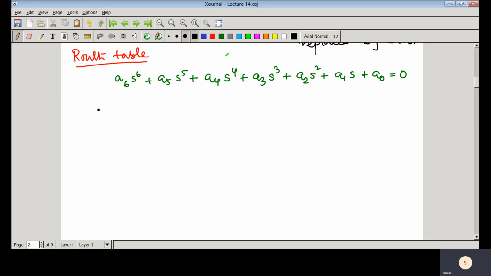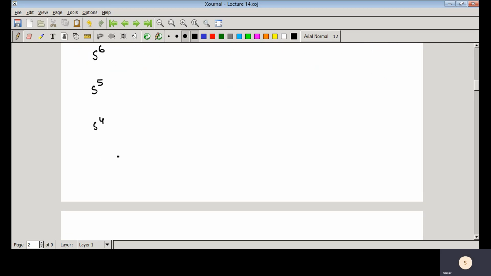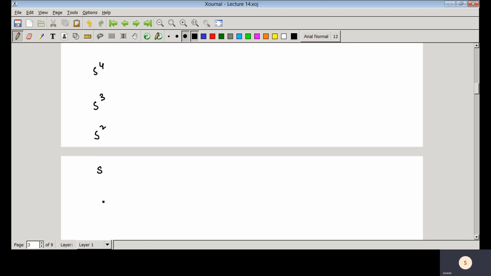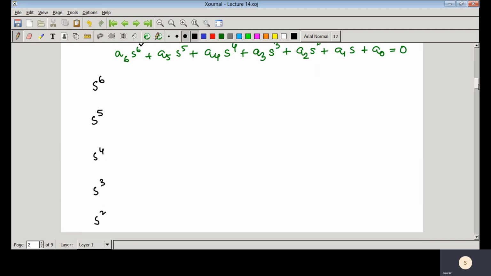First, we need to write s to the power 6, then s to the power 5, s to the power 4, s to the power 3, s squared, s, and then s to the power 0. So these are all the coefficients.